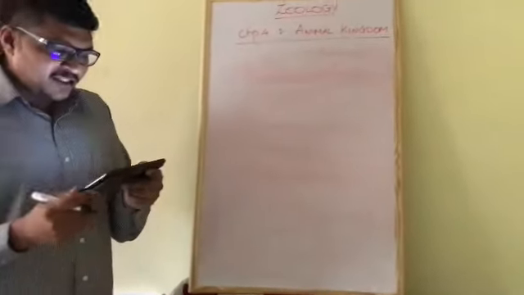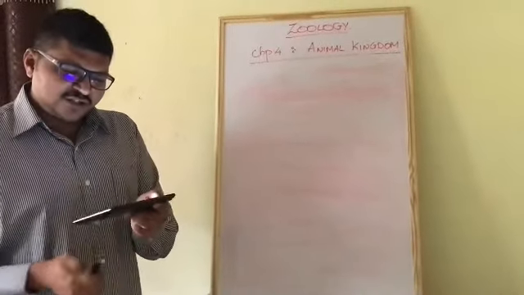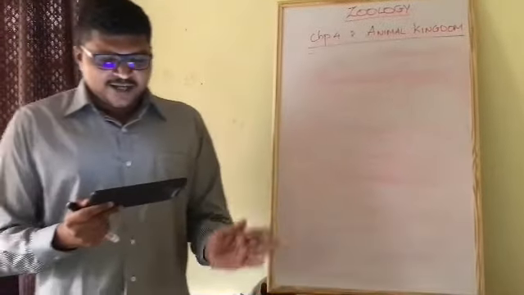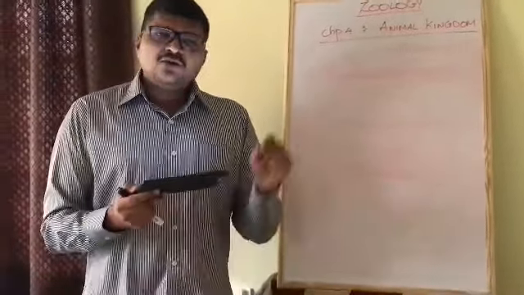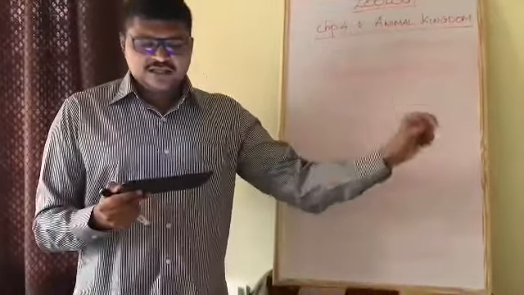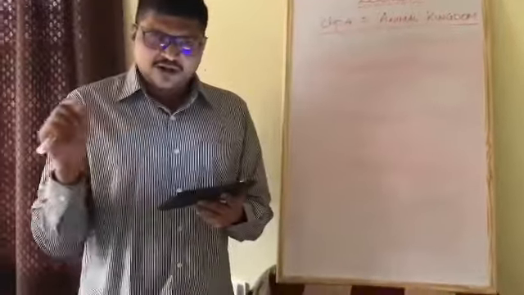Now question number 5 says that the common bath sponge belongs to the genus. In this particular question there is nothing much to explain as such. You should only know that out of the different examples which are given, which is the correct option, the common bath sponge. So option number 1 is Sycon, which is not a bath sponge.